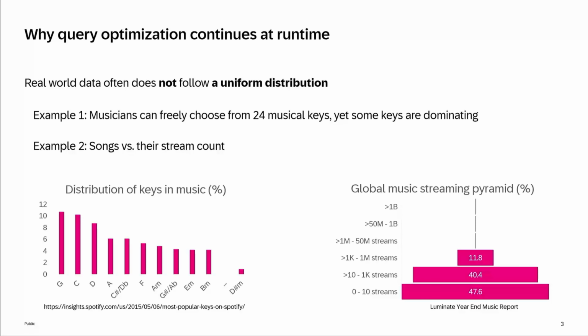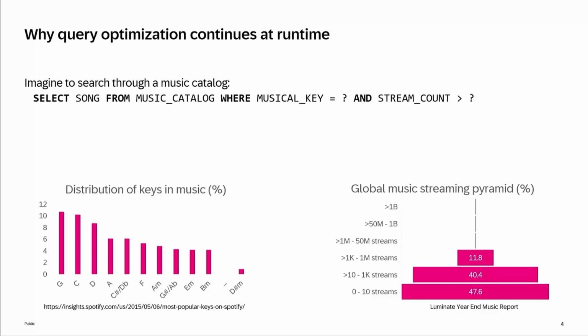Only a tiny fraction of 0.2% of the songs is actually streamed more than 1 million times, and basically half of the share is only streamed maybe a few dozen times. So yeah, a really skewed distribution here in both cases. And now imagine you have a music catalog and you are searching for a song with a certain musical key and a certain streaming count larger than some threshold.